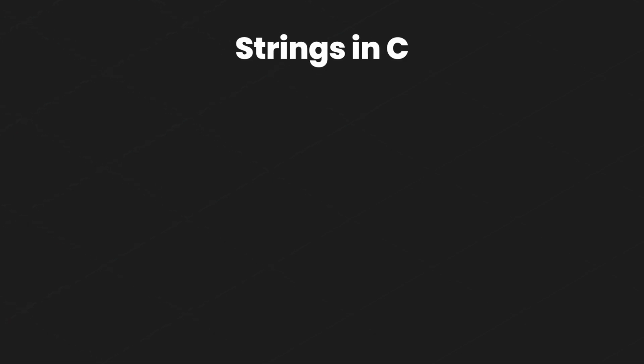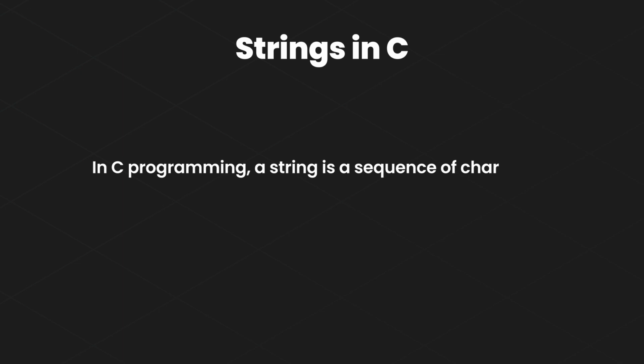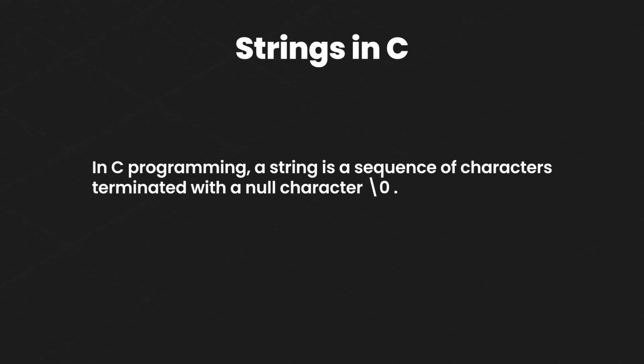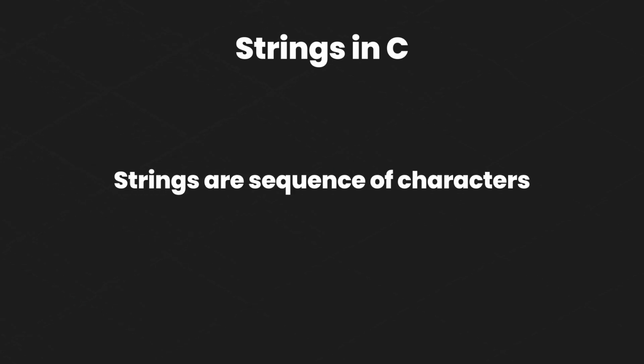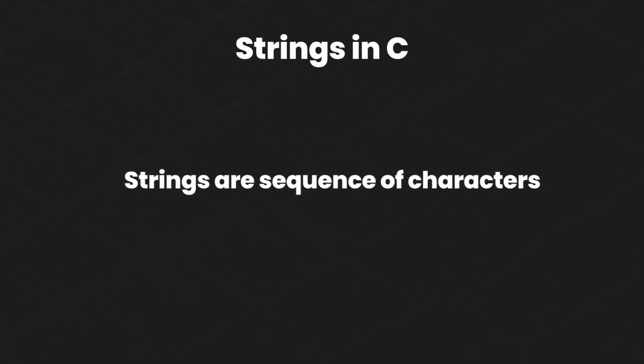Okay, so what is a string? Well, strings are actually nothing but a sequence of characters placed in a particular order. In programming in C language, the same concept applies. That means strings are considered to be a sequence of characters. But there is no such thing as a sequence when it comes to programming.